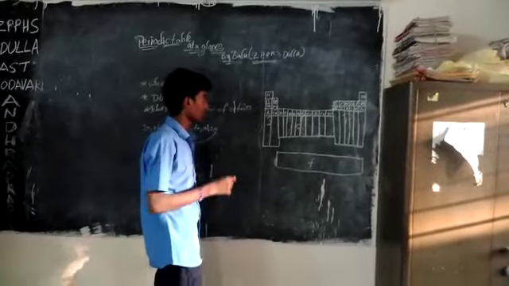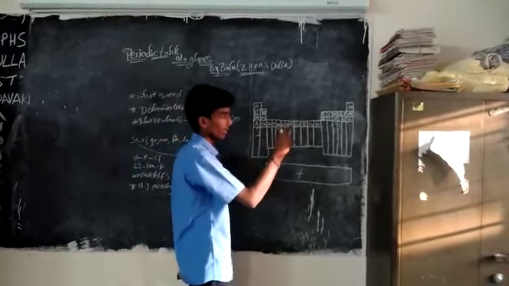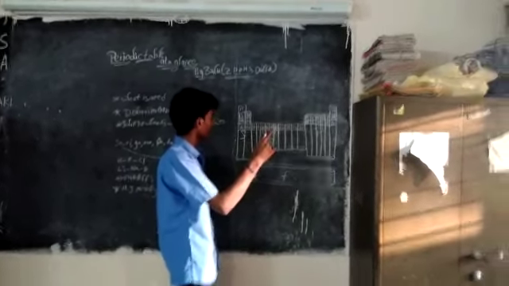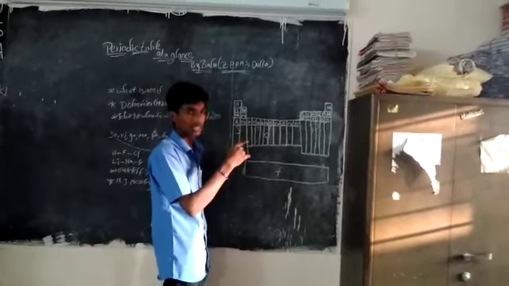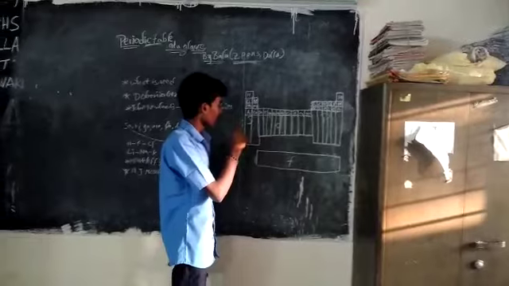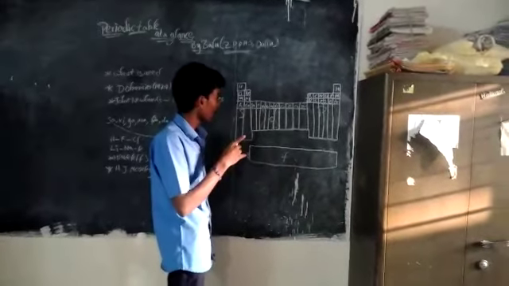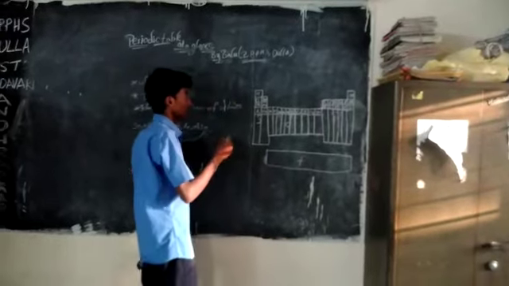The first 30 elements in the periodic table: hydrogen, helium, lithium, beryllium, boron, carbon, nitrogen, oxygen, fluorine, neon, sodium, magnesium, aluminium, silicon, phosphorus, sulfur, chlorine, argon, potassium, calcium, scandium, titanium, vanadium, chromium, manganese, iron, cobalt, nickel, copper, zinc.